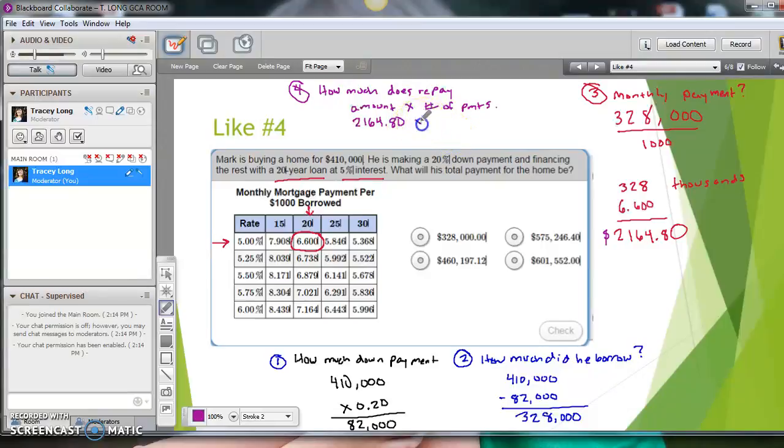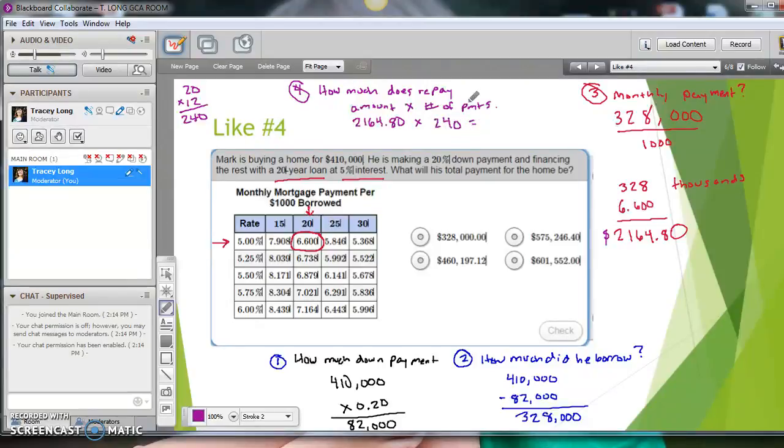And we're going to multiply that times the number of payments he makes. Well, he makes one payment per month for 20 years. So I'm going to say 20 years times 12 months. And that tells me that he made 240 payments. If he made 12 payments a year for 20 years, I'm going to do 20 times 12 to find that he made 240 payments.